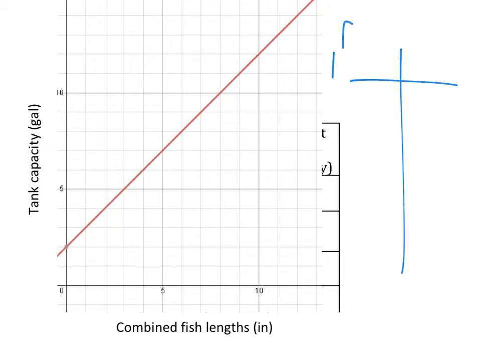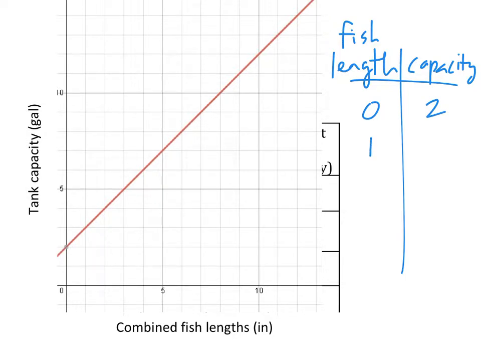Okay, so first one, let's say fish length, and then capacity would be the output. So if you have 0, you should buy a 2-gallon tank just to prepare. If your fish length is 1 inch total, what is the capacity you're supposed to buy? 3.